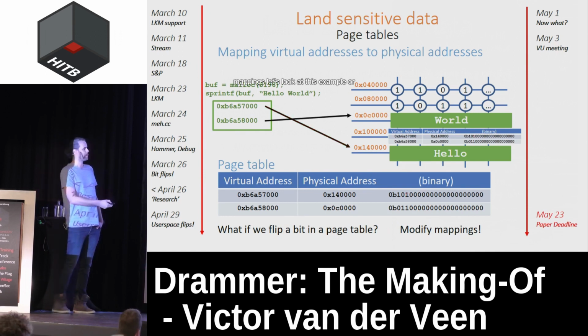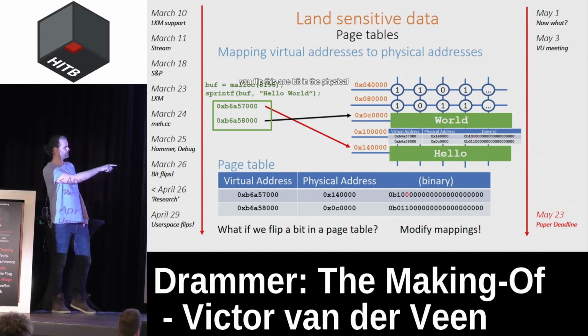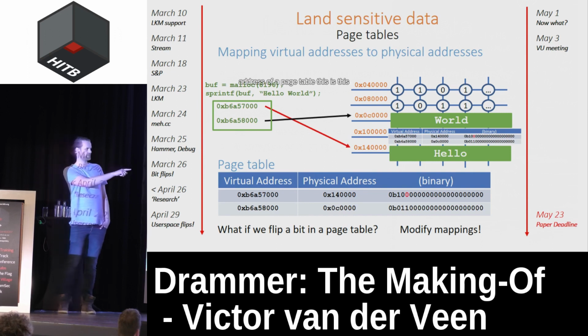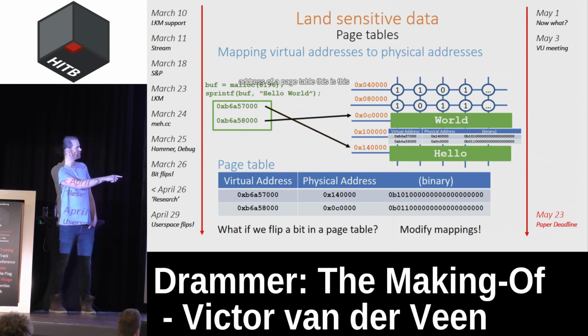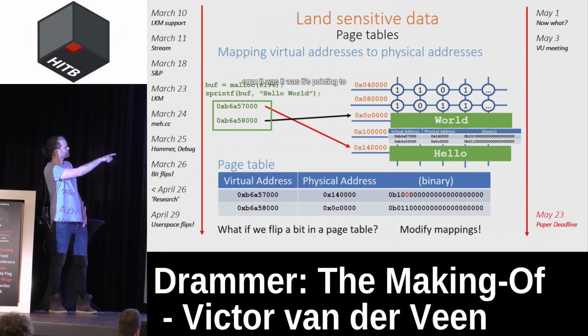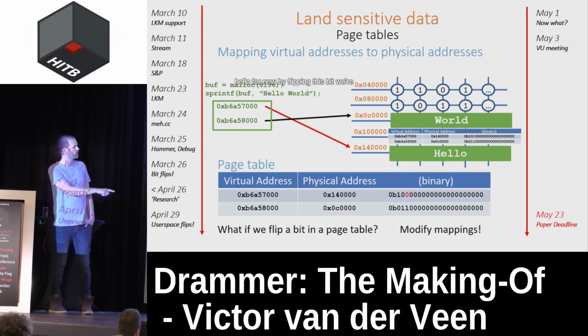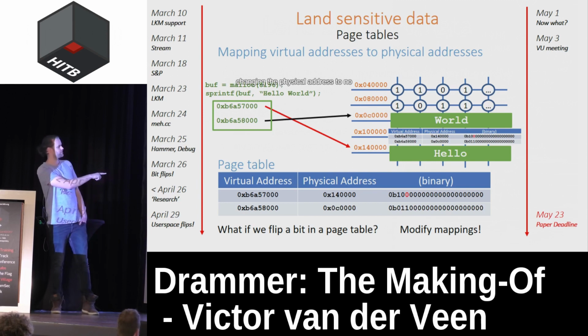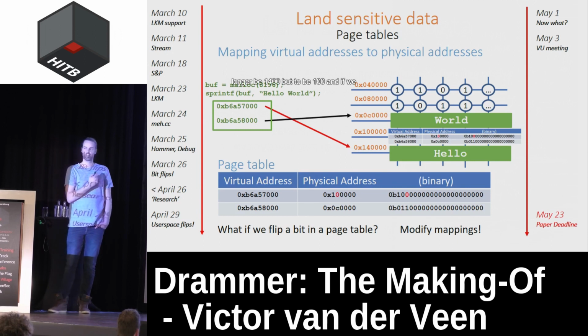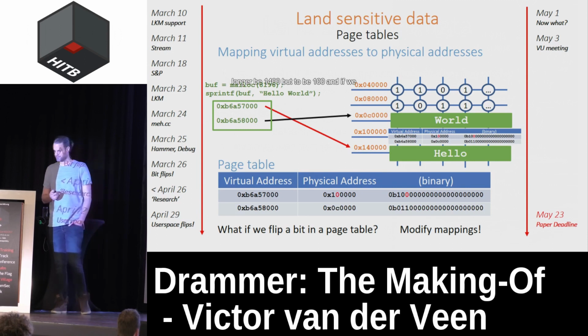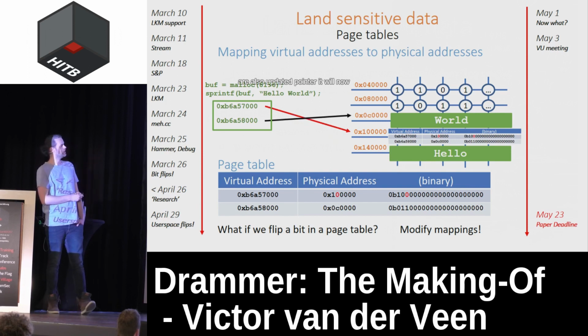Let's look at this example where you flip this one bit in the physical address of a page table. This is this arrow. It's pointing to hello for now. By flipping this bit, we're changing the physical address to no longer be 1400, but to be 1000. And if we then also update the pointer, it will now point to the page table.